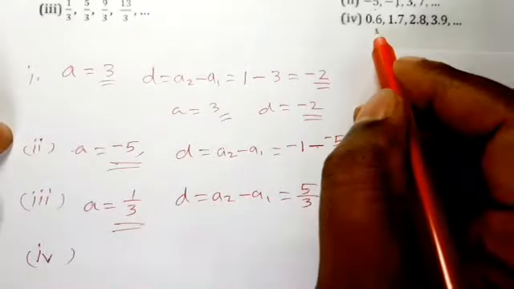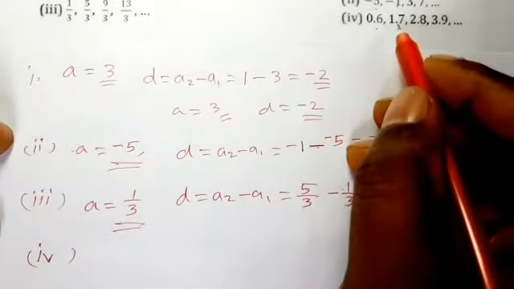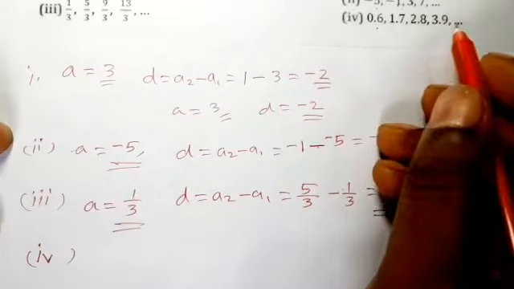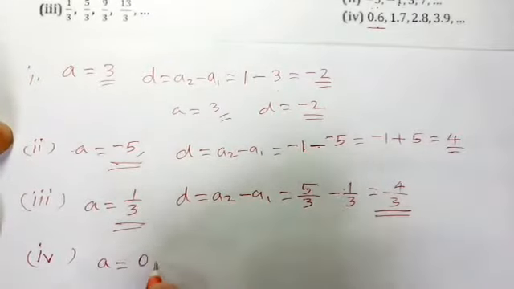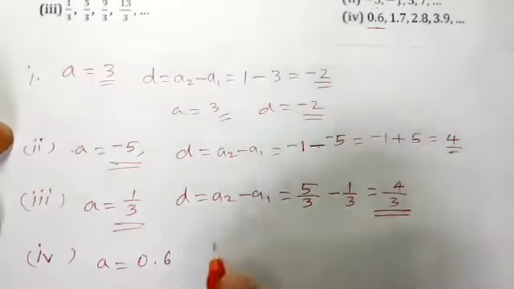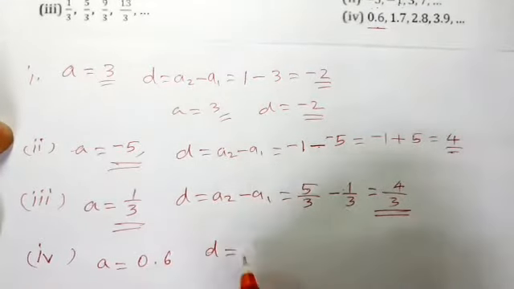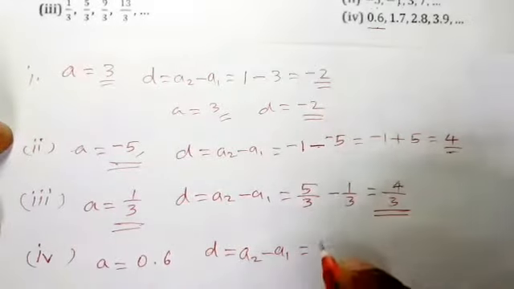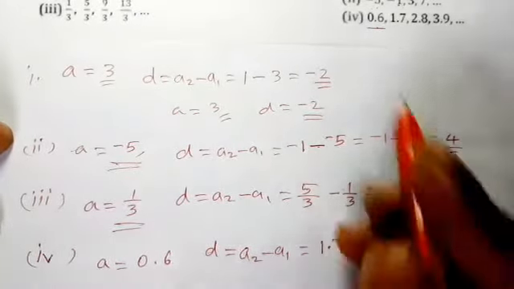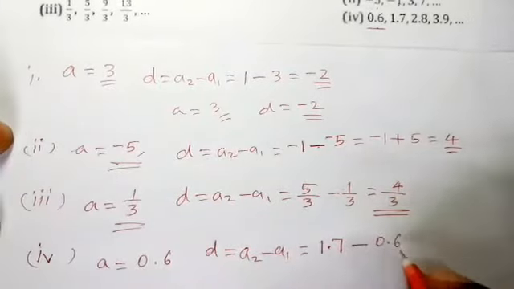Fourth question: 0.6, 1.7, 2.8, 3.9 etc. So the first term A is equal to 0.6. How to find the common difference? A2 minus A1. A2 is 1.7 minus A1, which is 0.6.